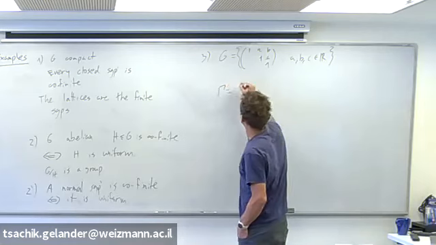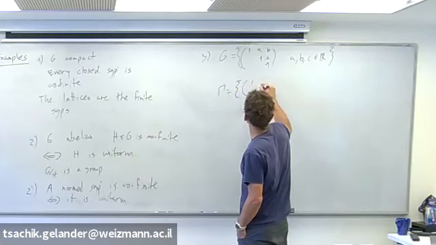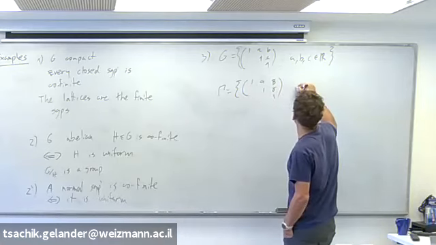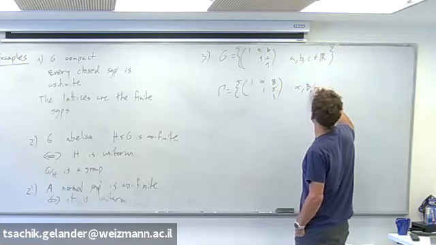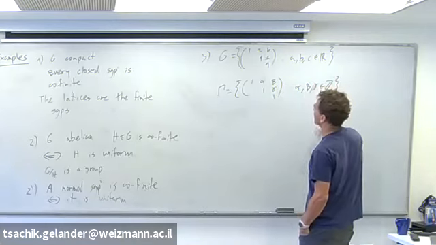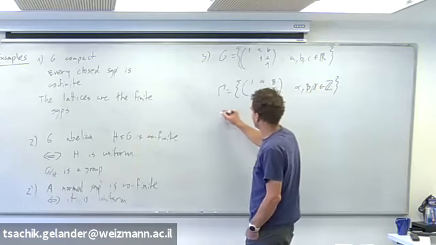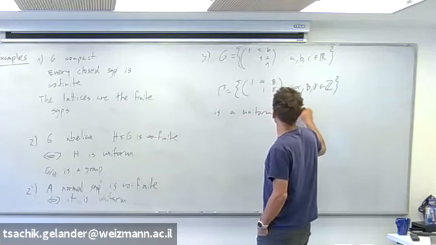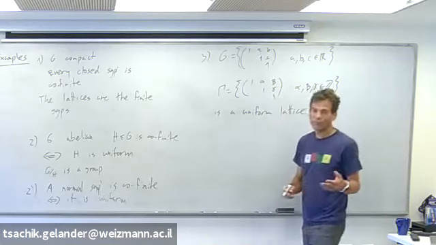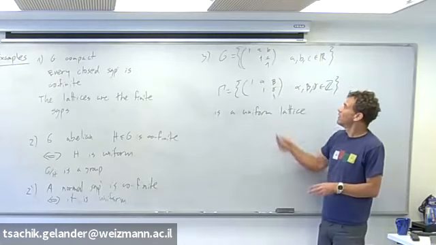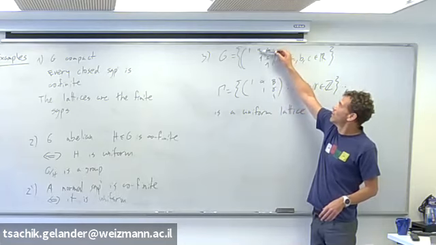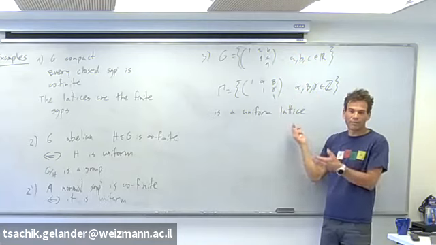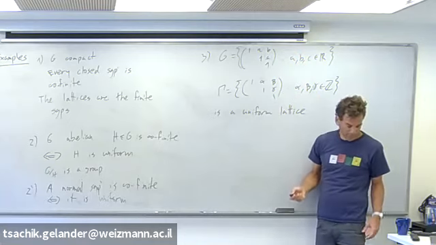And Gamma will be the same thing, with alpha, beta, gamma in Z. So this is a uniform lattice. To see that it's a lattice, you just need to find a compact fundamental domain, and it's very easy here. You allow a, b, c to be between 0 and 1, and then you get a compact cube, the fundamental domain for this lattice.